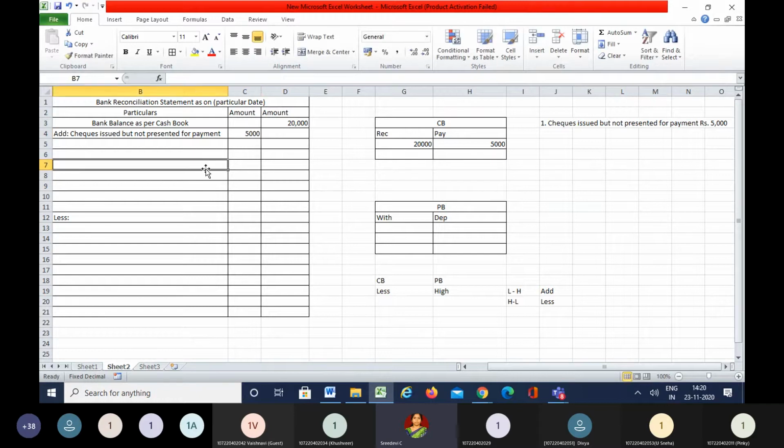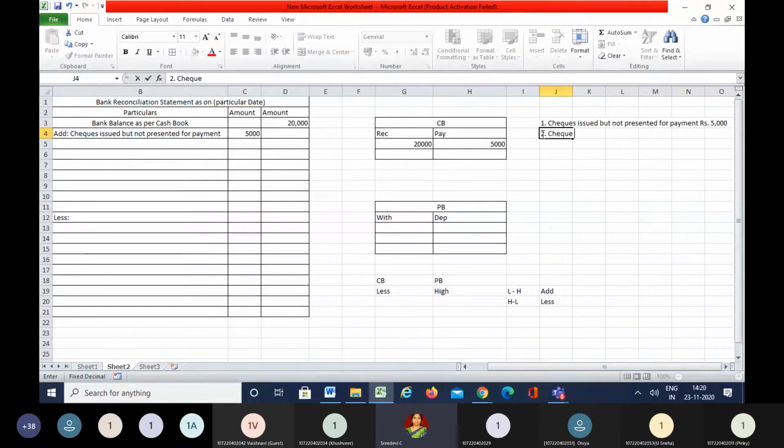Because you are going to find out the passbook here, you have to increase the cash book balance, or reconcile. When you are preparing a reconciliation statement, under that you need to add the balance. Is it clear to everyone? Yes, ma'am. Okay, now I'm going with the next one.